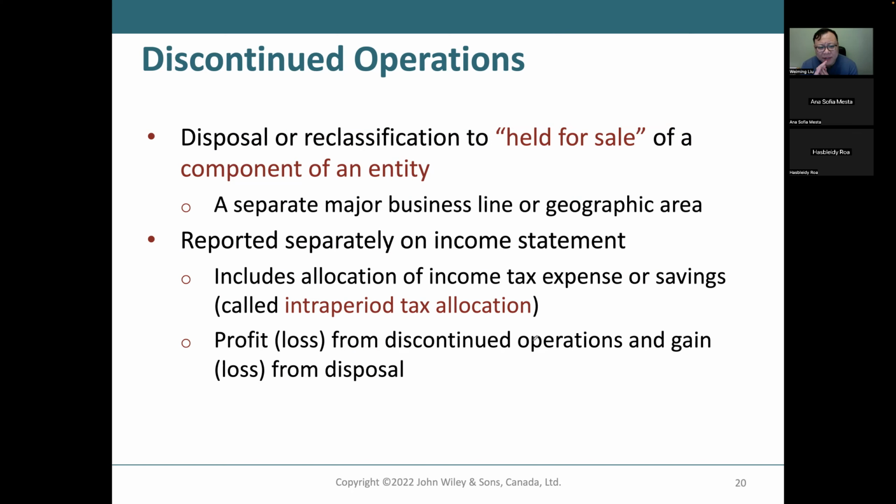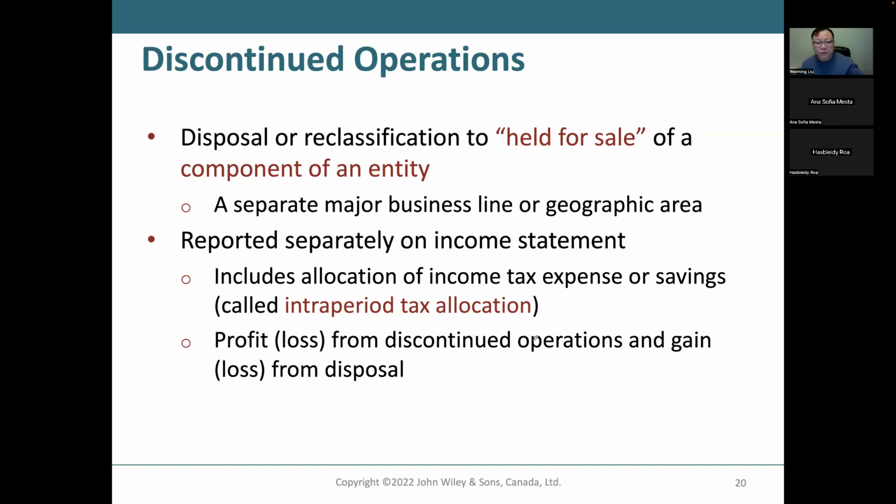So the idea is, this year, if you have financial information on the income statement, your incomes and expenses related to that operation that will be discontinued, that's really important information. The users want to know. Why? Because this relevant information will be here this year, but it will be gone next year because you will not have this operation.